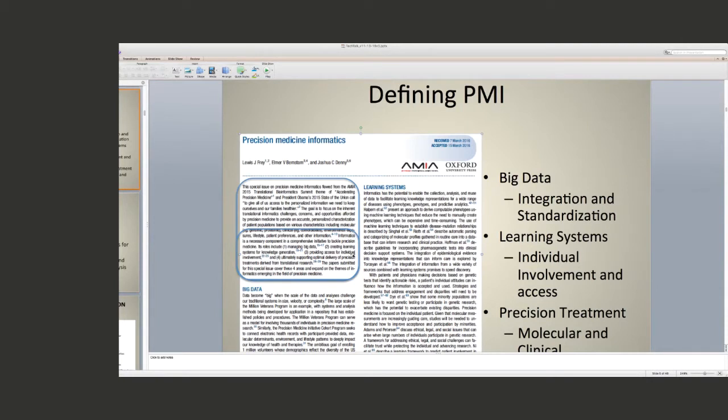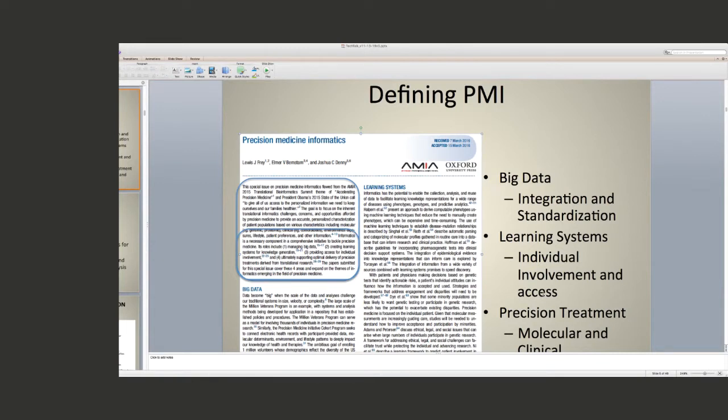So the previous definition summarizes these areas. Big data, where you're integrating and standardizing large data sets. Learning systems, and when I talk about learning systems, I'm really talking about artificial intelligence. That's my focus. Then individual involvement, where the patient has access to their clinical data, and that's a big part of it.